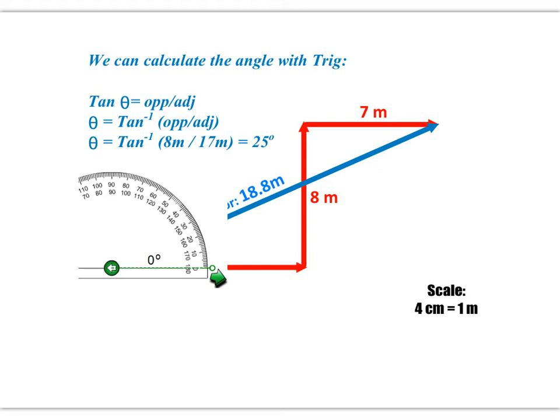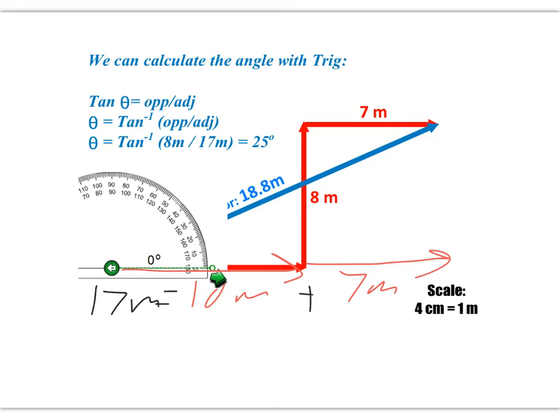Just so you can see it, I know this kind of got cut off here a little bit, but this was the 10 meter vector, and then this was the 7 meter vector, which gave us an overall length of 17 meters along the direction south. And then just using that commutative property rule, I put the 8 meter vector up here, like that. So I've got my right triangle, which I know got cut off a little bit here, sorry about that.